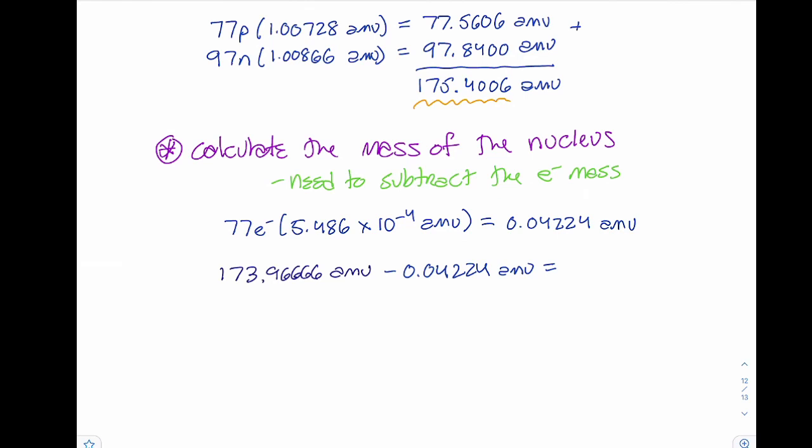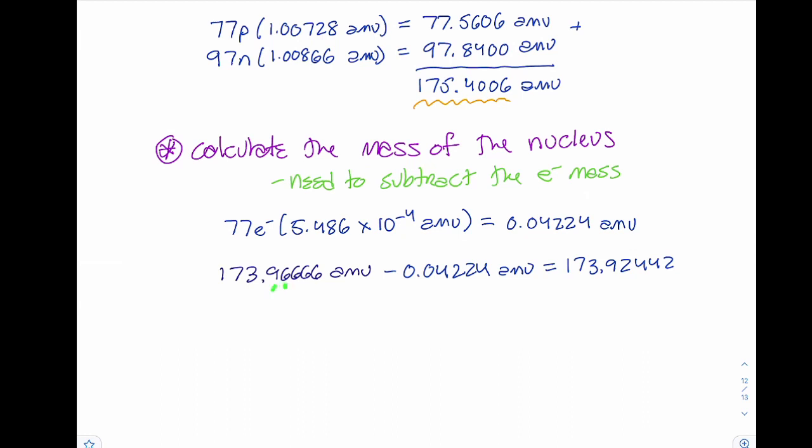So 173.9666, and I get 173.92442. We're subtracting, so it's digits after the decimal point.